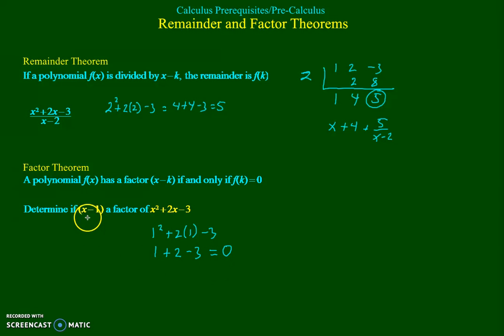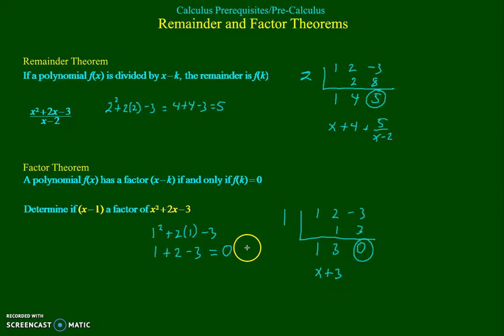So yes, in fact, x minus 1 is a factor of this expression, and we can see that very quickly again. If we have 1, 2, negative 3, and we multiply, add, multiply, and we get a 0 remainder. So x plus 3 is the other factor.